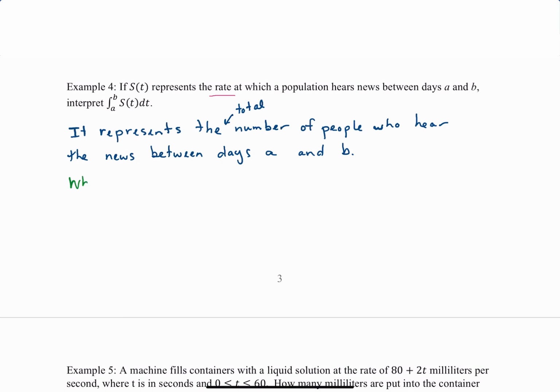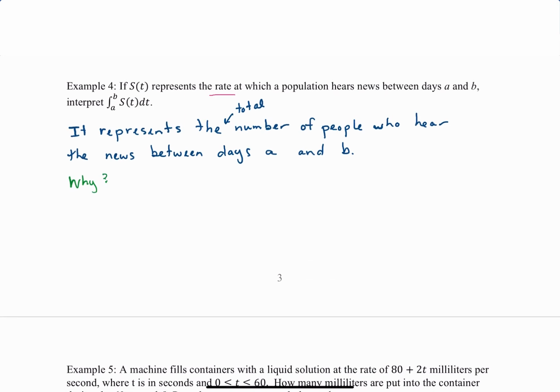So why would that be? Well, look at it this way. Let's let P of t be the number of people who hear news by day t. So that's total number of people who've heard the news up to day t.